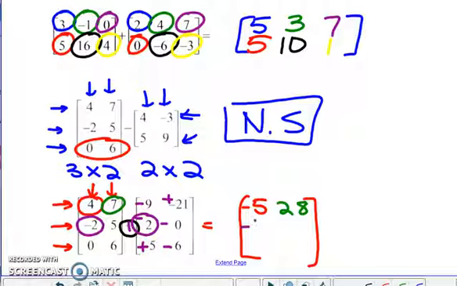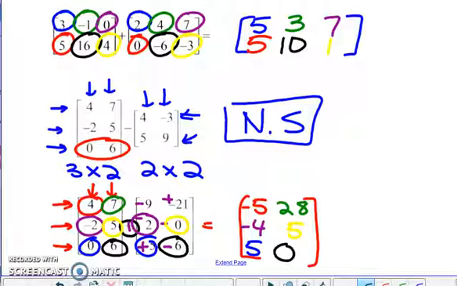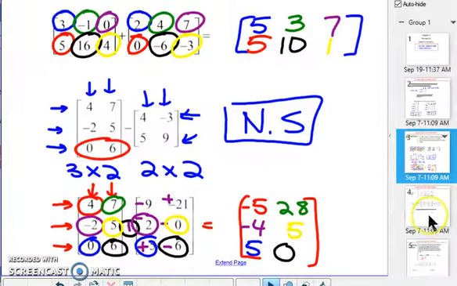So negative 2 plus negative 2 is negative 4. 5 plus 0, negative 0. 0 plus 5, and 6 plus negative 6. Now, if you don't like that, that's fine. Leave the negative if you don't like adding the opposite, but that's just an option.